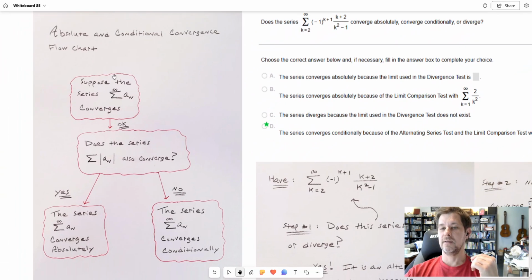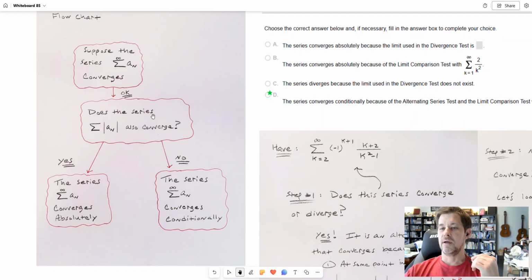But let's say then that we start with some series that we know converges. All right. Now, does the same series with all positive terms also converge? That's the next question. So I start with some series that I know converges, and then my next question is to ask, if I take that series and make all the terms positive, would it also converge? That's what this absolute value means. So a_n, that's the formula that would give you the terms of the original series.